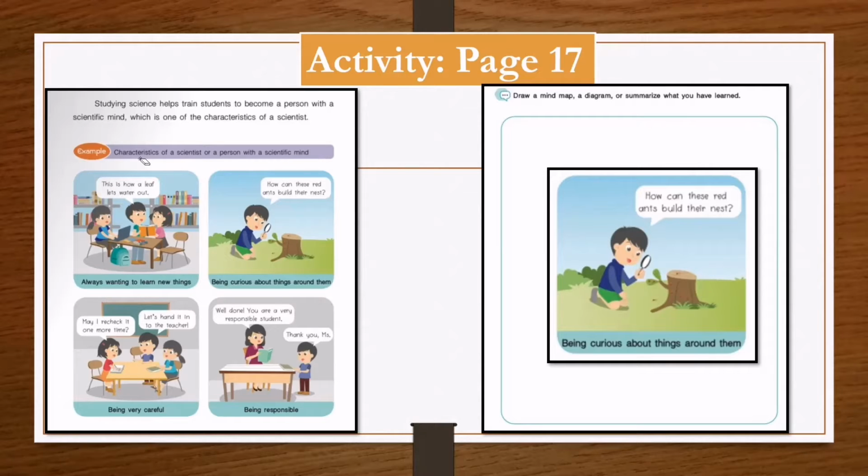So you're going to choose one picture only, and then you are going to draw here on page 17. Understand? You will only choose one picture. Okay, after you draw, you can color your drawing. Okay, make it beautiful.